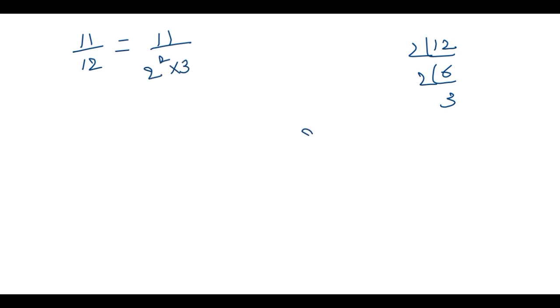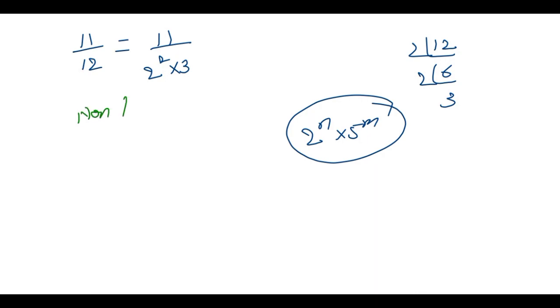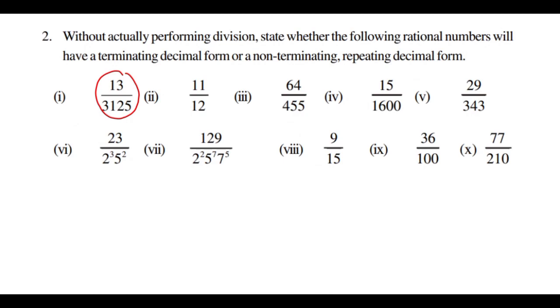But this is not in the form of 2 power n into 5 power m, correct? There we have 3, not 5. So then this is non-terminating, repeating or recurring. As per theorem 1.4, this is non-terminating repeating or non-terminating recurring decimals.